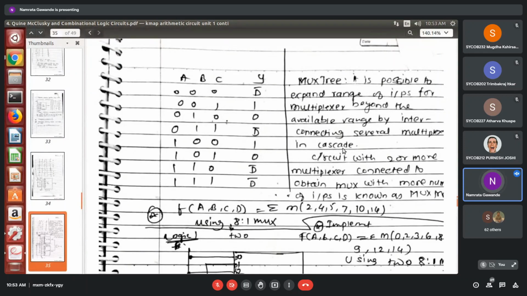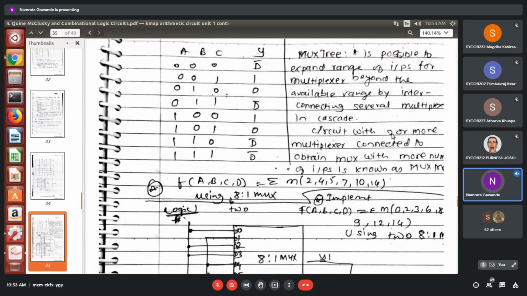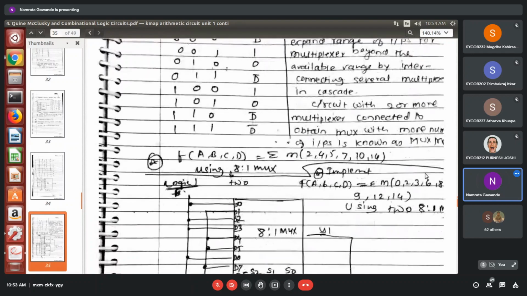So how can we do that? With 2:1, we can make an interconnection using the concept of cascading. So a circuit with 2 or more multiplexers connected to obtain a mux with more number of inputs is known as a mux tree.